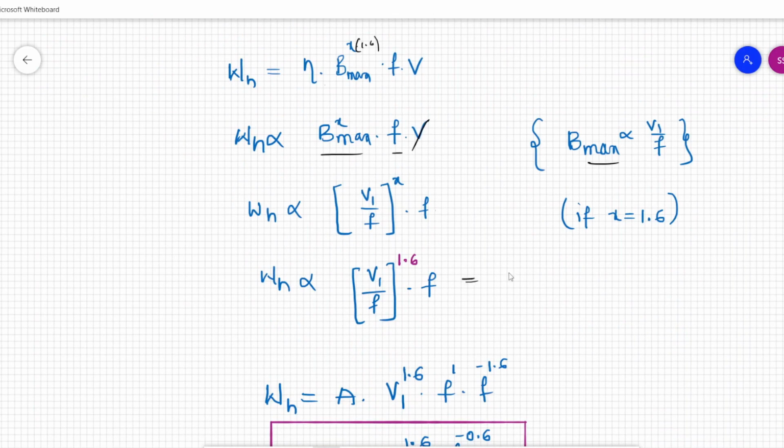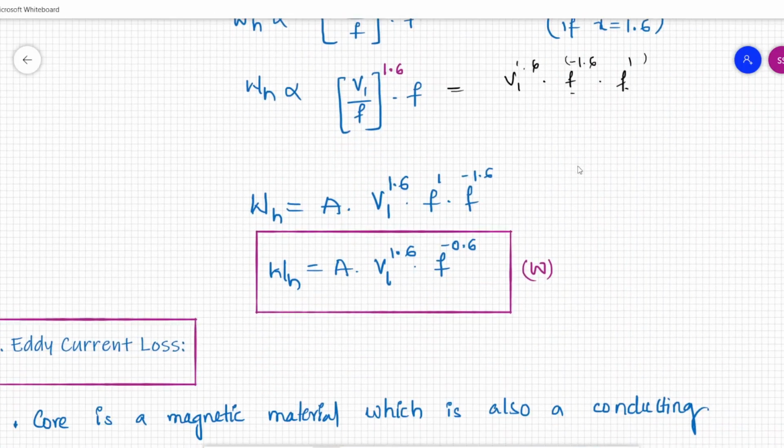If you rearrange, this will be V power 1.6 into F power minus 1.6 into F power 1. This is F, right, not F1. As the bases are the same, we can add the powers, so the hysteresis loss can be written as A into V power 1.6 F power minus 0.6 for V by F not constant.